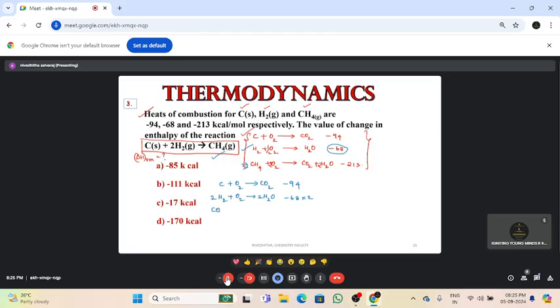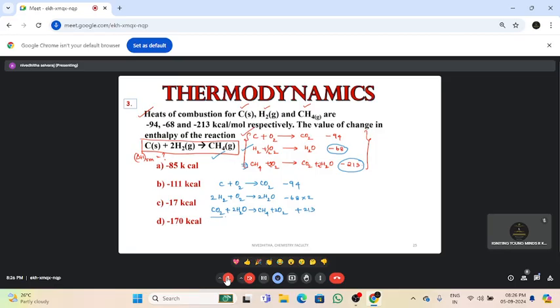So carbon dioxide plus 2 moles of H2O gives methane plus 2 moles of oxygen. Now I've exchanged all the reactants to products and products to reactants. So accordingly, I have to change this value. If the value is negative, I have to write it as positive. If the value is positive, I have to write it as negative. That's it.